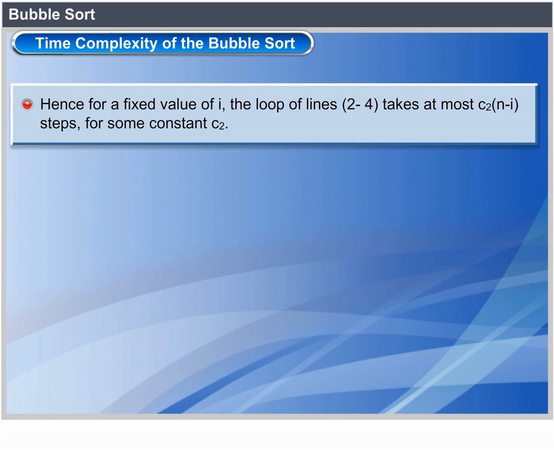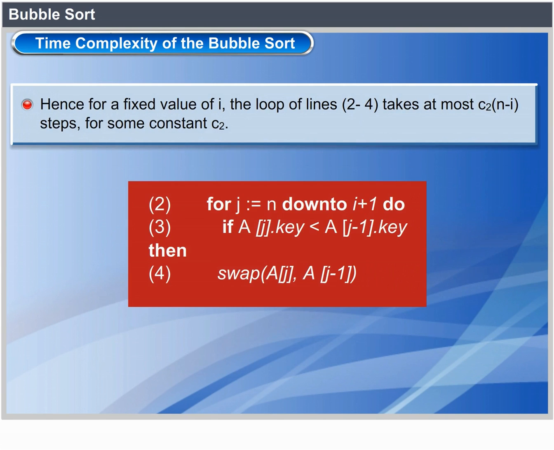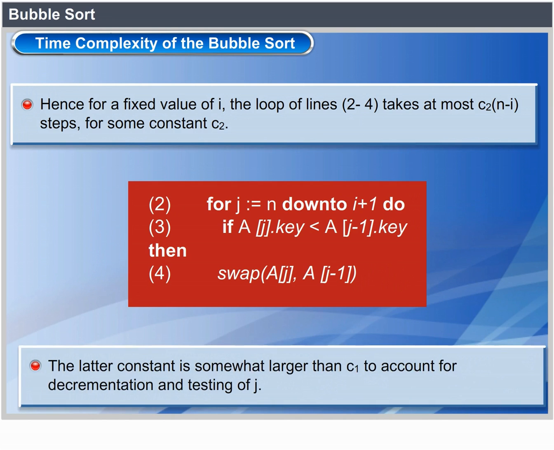Hence, for a fixed value of i, the loop of lines 2 to 4 takes at most C2 times (n minus i) steps for some constant C2. The latter constant is somewhat larger than C1 to account for decrementation and testing of j.